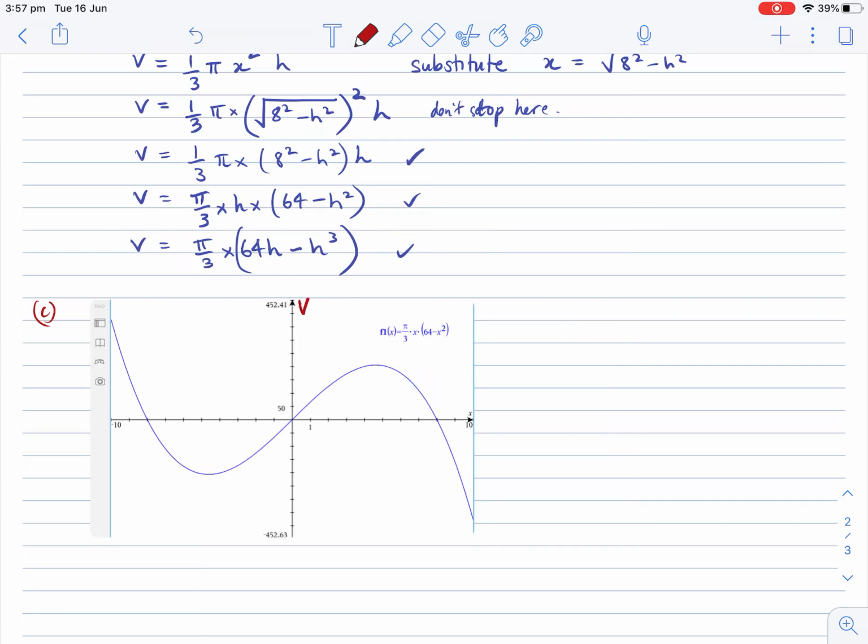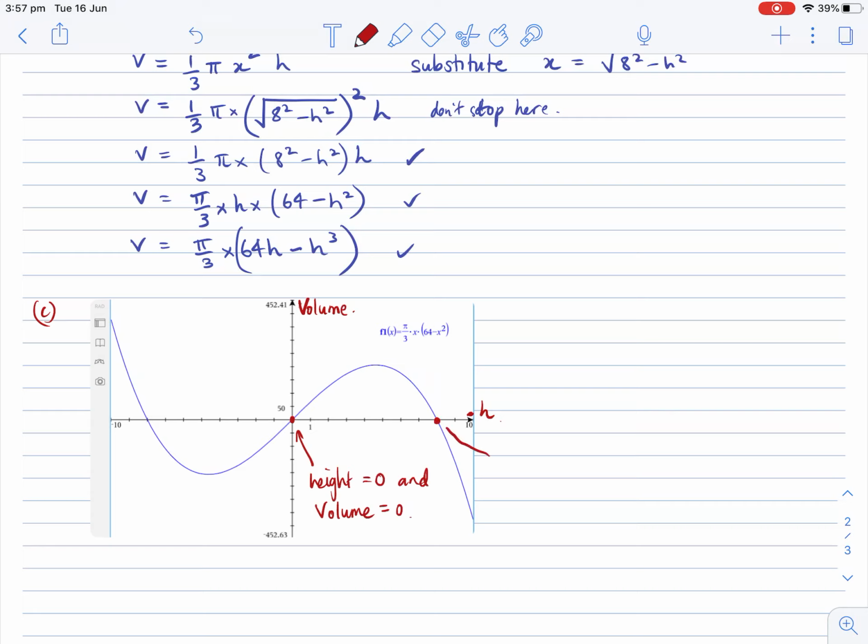This y isn't y, it's actually the volume, and this x isn't x, it's actually the height. So what it's saying is this point here is telling me that the height equals 0 and the volume equals 0.